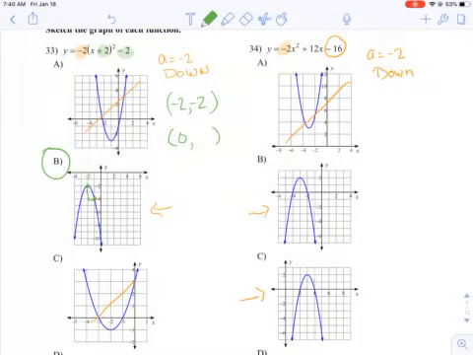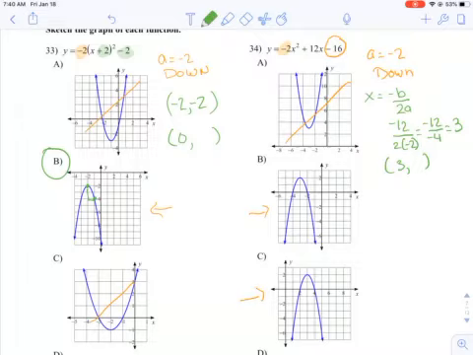To find the vertex, the x value for the vertex is the opposite of b over 2a. So you take the opposite of 12 over 2 times negative 2. So negative 12 over negative 4 is 3. So our vertex will be 3 comma something.